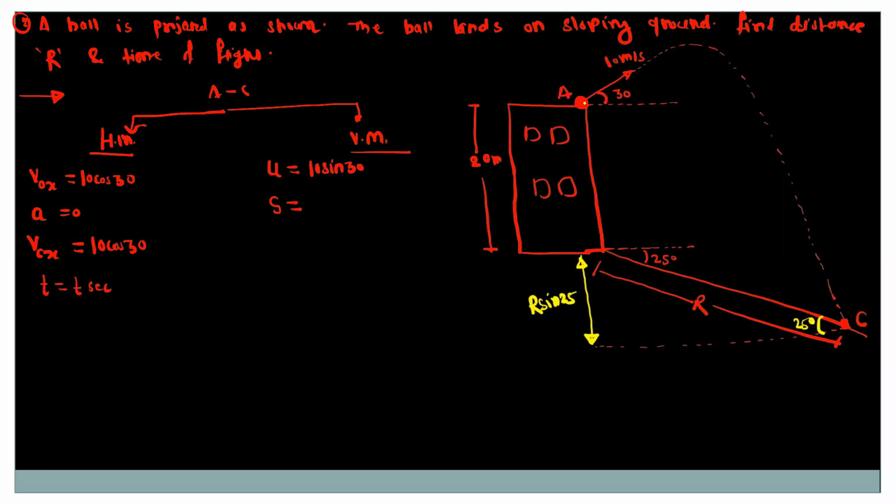From point A, the total distance is 20 plus R sin 25. And with respect to initial velocity in the y direction, this displacement is in the negative direction. So S is equal to minus 20 plus R sin 25. Then acceleration is minus 9.81 meter per second square.